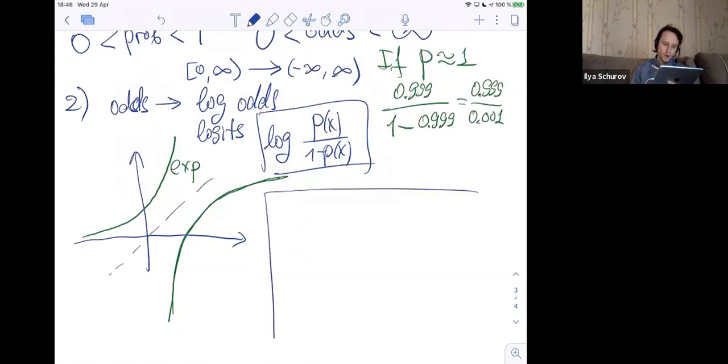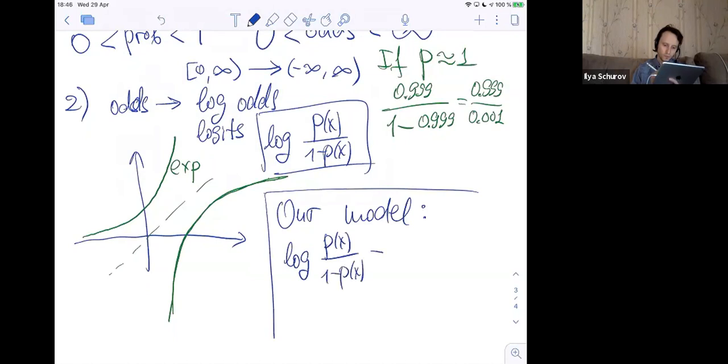We can say that now our model is this. So now it is correct to write it in this way, because this value can be positive, negative, whatever you wish.